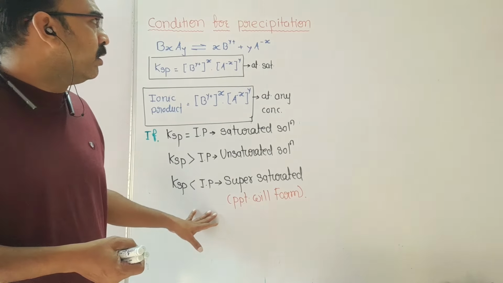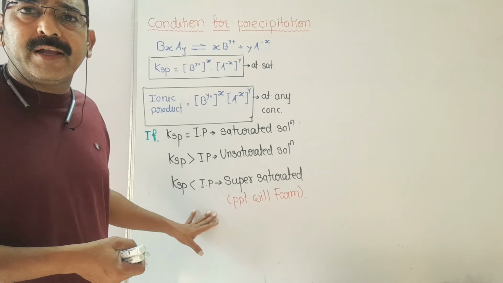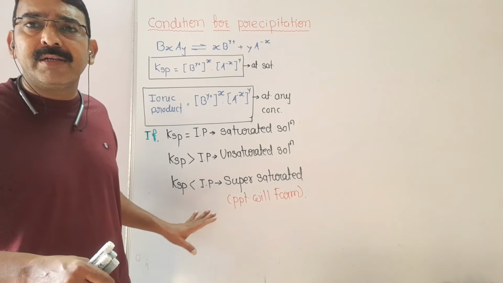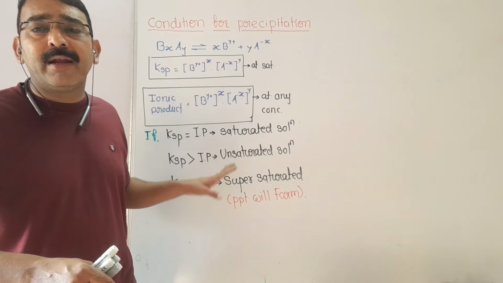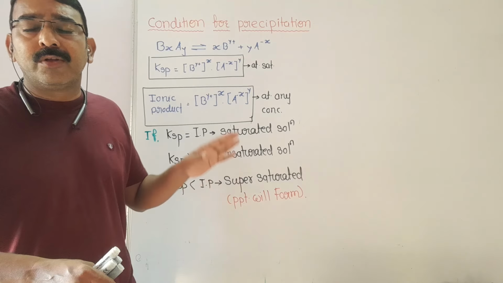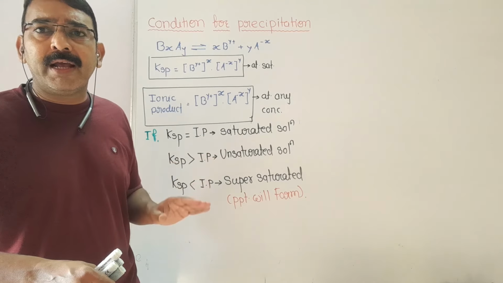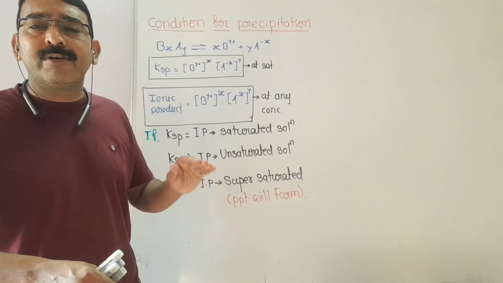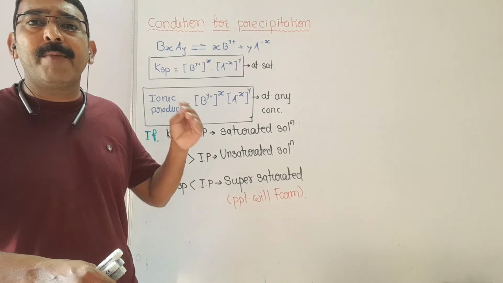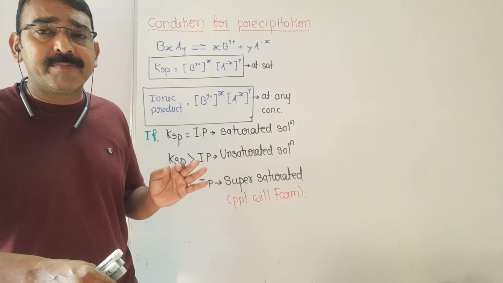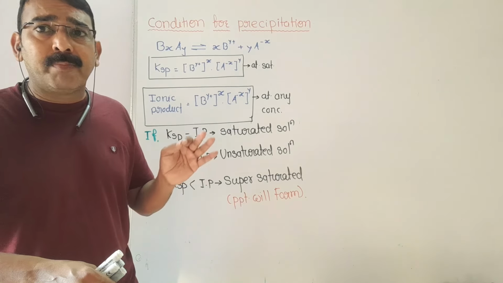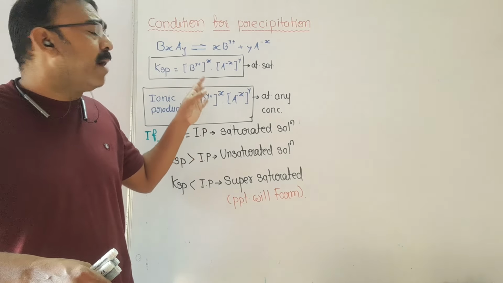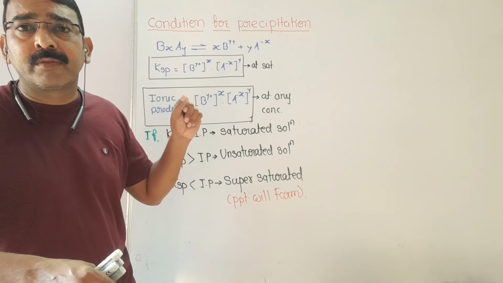Now once again, whether the precipitation takes place or not can be determined by comparison of the solubility product and the ionic product. The solubility product is defined as the product of equilibrium concentration of constituent ions raised to the appropriate power at given temperature, where the power is equal to the coefficient in a balanced chemical reaction.